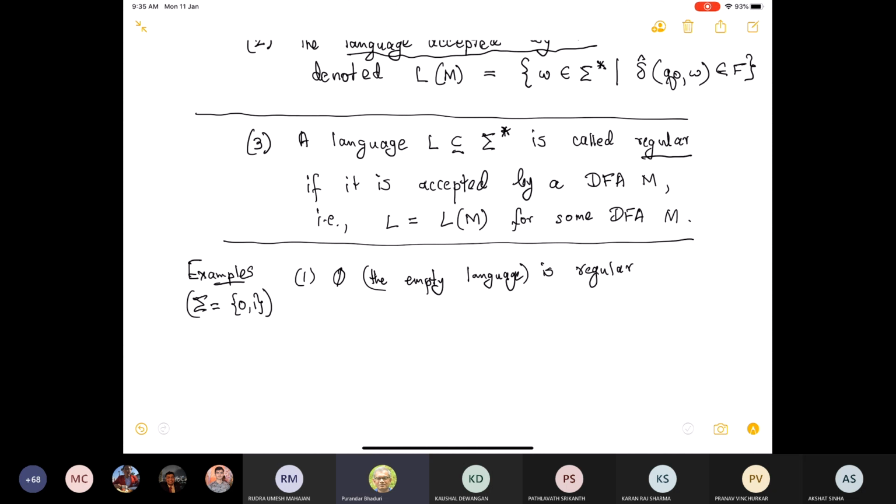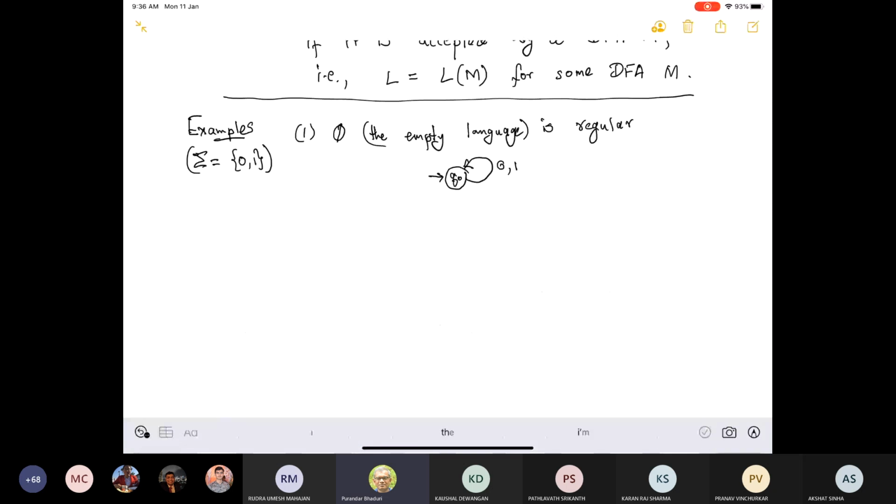Why is that? Because of the single state DFA, where this is a single initial state, and that is the only state.